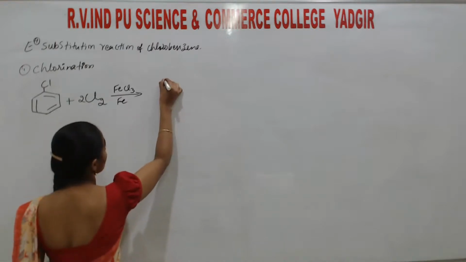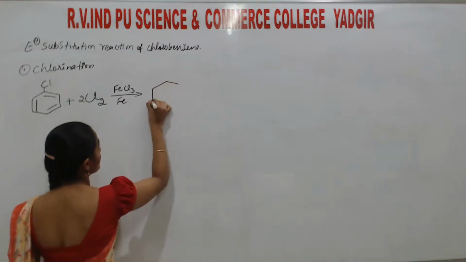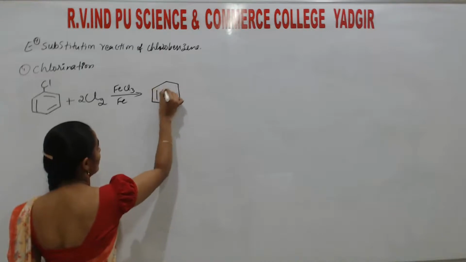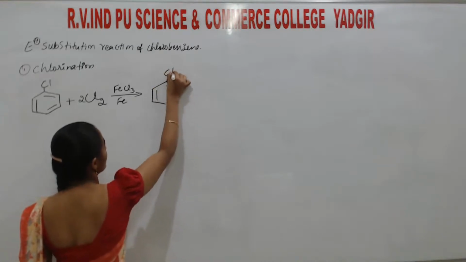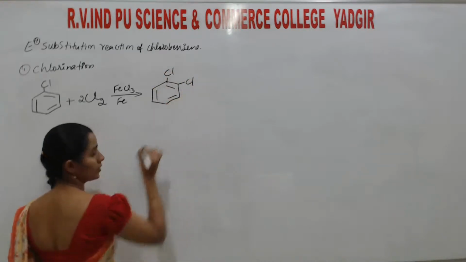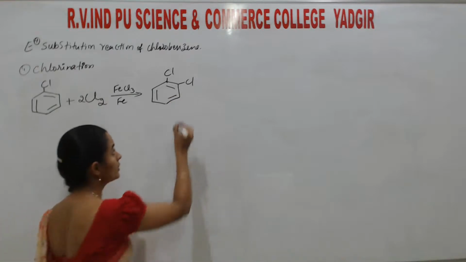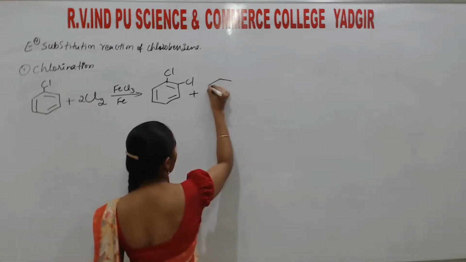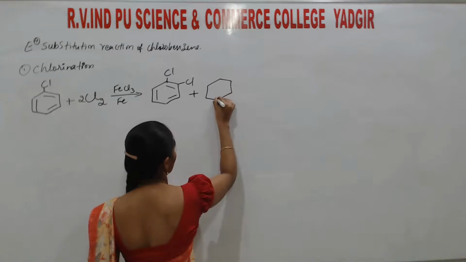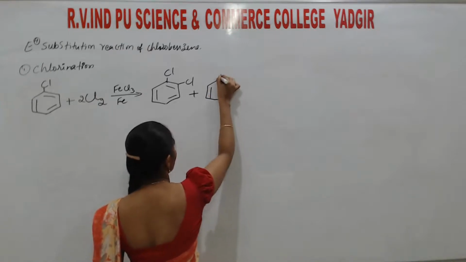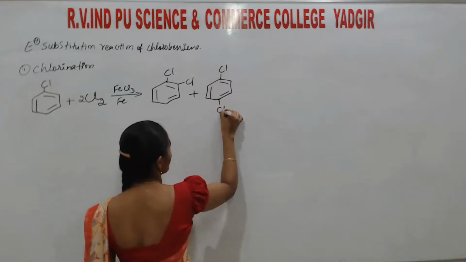Which type of products will they form? One is Cl ortho substituted, and another one is para substituted.